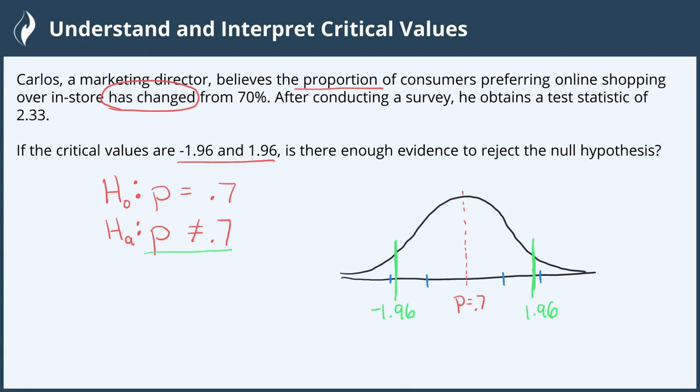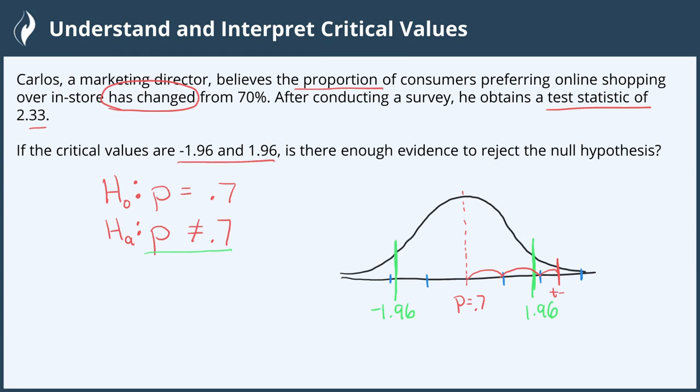And now let's go ahead and graph our test statistic of 2.33. That's in the positive direction, so I know I'm going to go 2.33 standard deviations above. So I'm going to do this in red so we can see it. One standard deviation, two standard deviations, and it's not going to be quite 3. We'll make our third one here. 0.33 is going to be less than half, so let's put it right here.